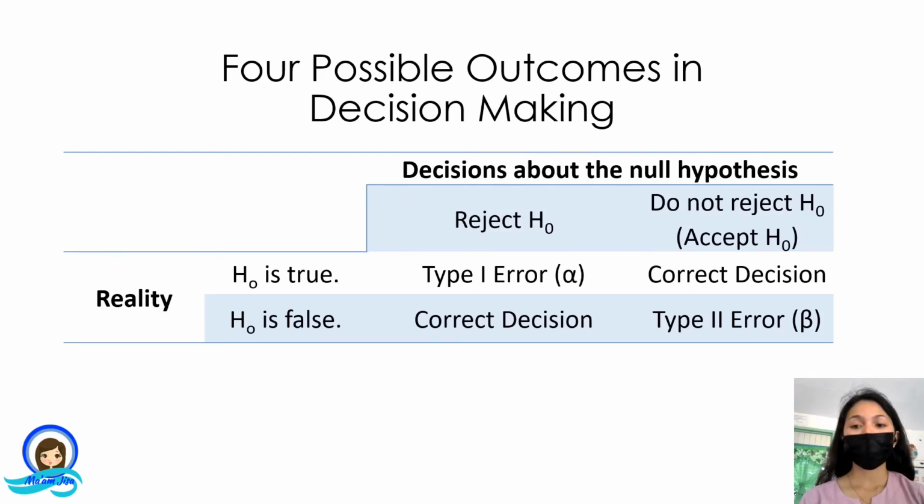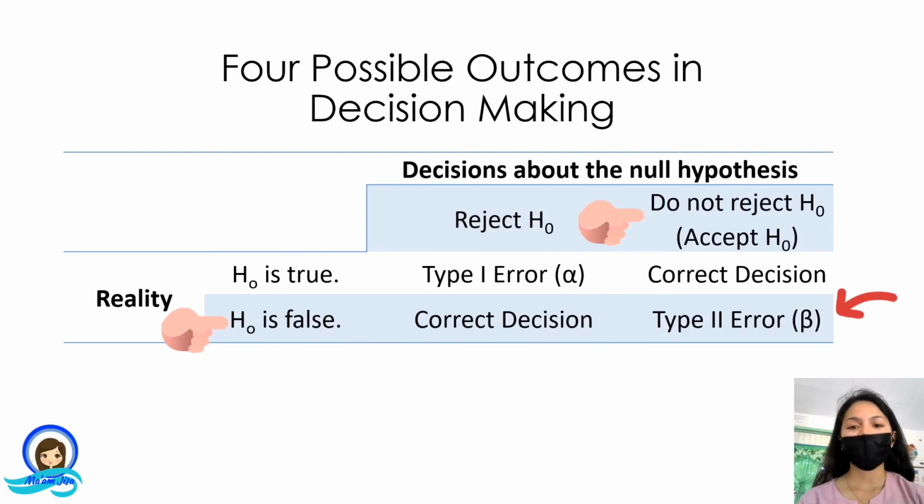However, if we do not reject a true null hypothesis, or we accept the null hypothesis when it is true, then congratulations, you made a correct decision. In the same manner, when we reject a null hypothesis which is false, it is still a correct decision. But if we do not reject a false null hypothesis, we accept even if the hypothesis is false, we commit a type 2 error.